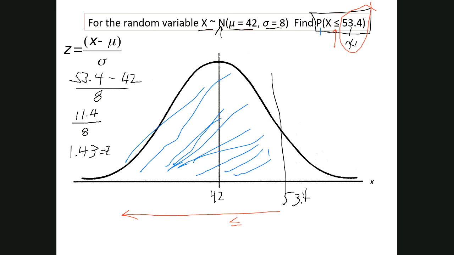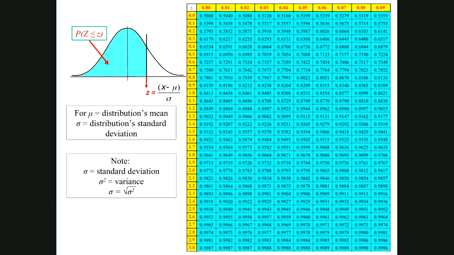And so this corresponds to a standard normal distribution value where Z equals 1.43. And so now we're going to go to our table on the next slide, and remember 1.43, and we're going to look up that value in the table. And here's 1.4, and here's 0.03, and where those two values intersect is the value of our probability.